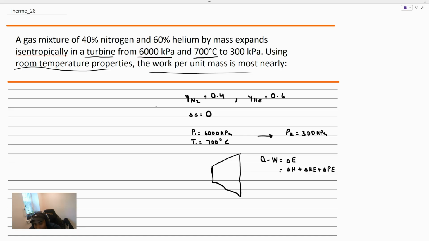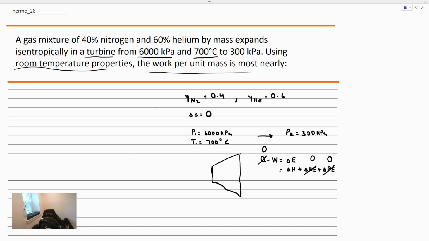Okay, if we go through and cross off some of the irrelevant terms, we know that we have an isentropic process. Isentropic means adiabatic and reversible. Adiabatic means zero value for the heat transfer. We're not given any speeds, so that means we can neglect kinetic energy changes. We're not given any heights, so that means we can neglect potential energy changes.